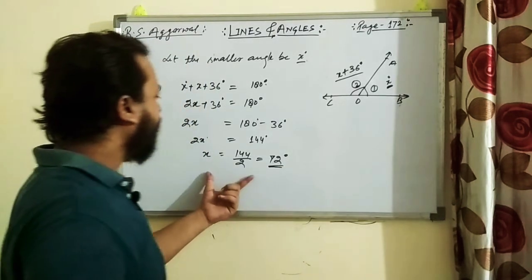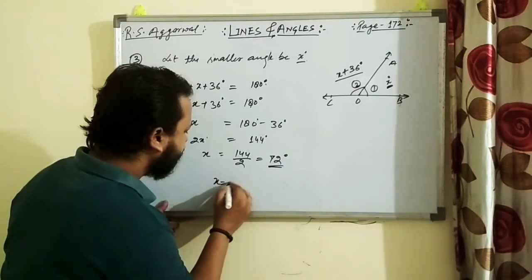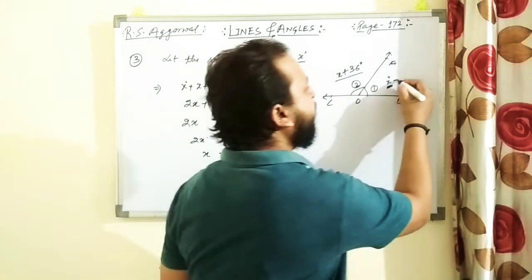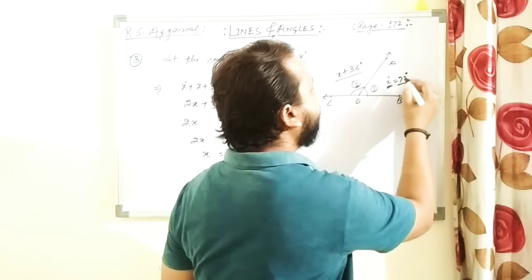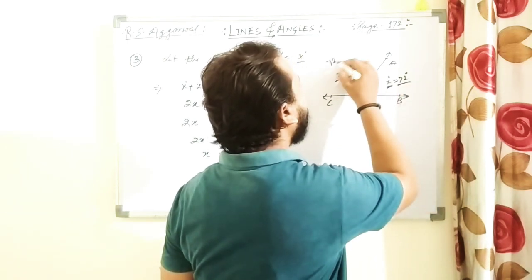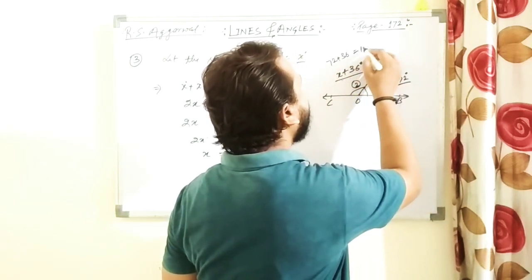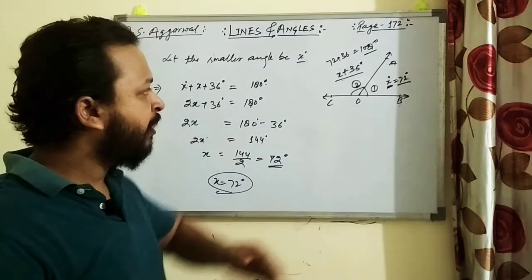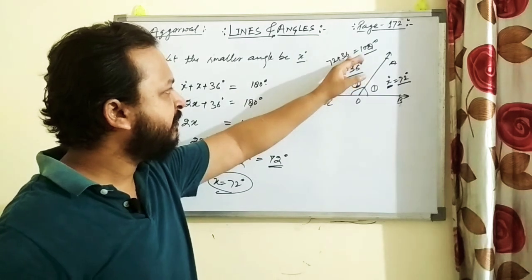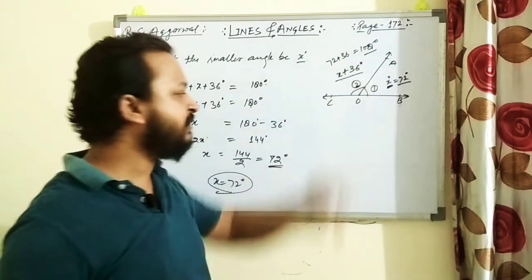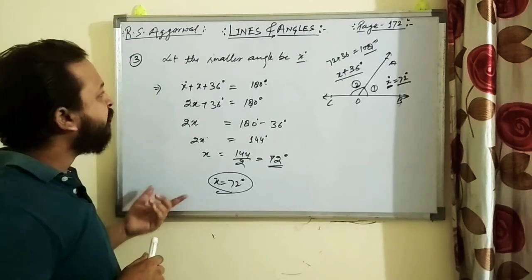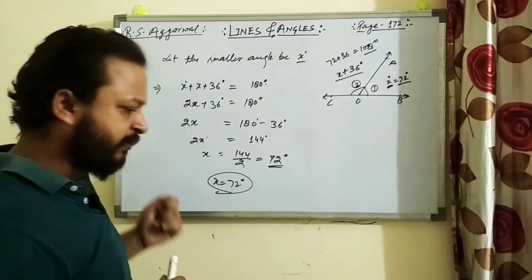So the smaller angle, you get the value as 72 degrees, right? So if this is 72 degrees, this angle must be 72 plus 36, that is 108 degrees, right? So by this method you can solve question number 3.